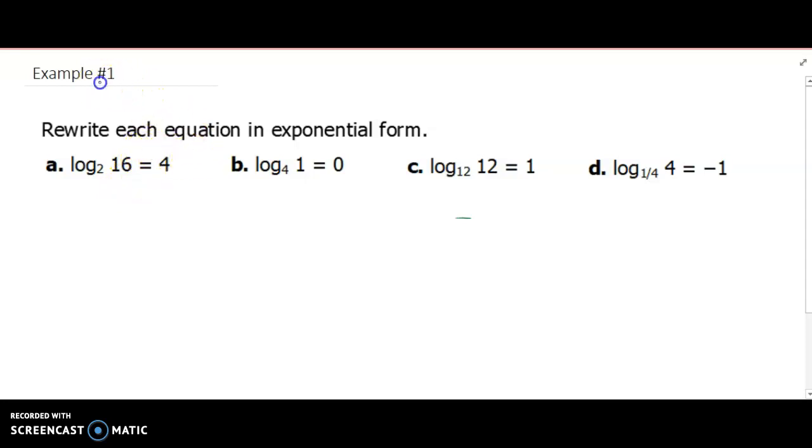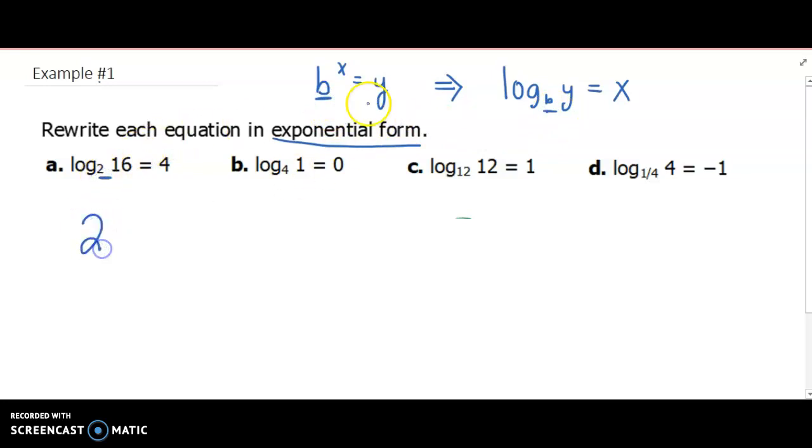Let's look at example 1. I'm going to write each of these logs into exponential form. Remember, b to the x equals y can be written in logarithm form as log base b of y equals x. My b is my base, so my base here is 2.